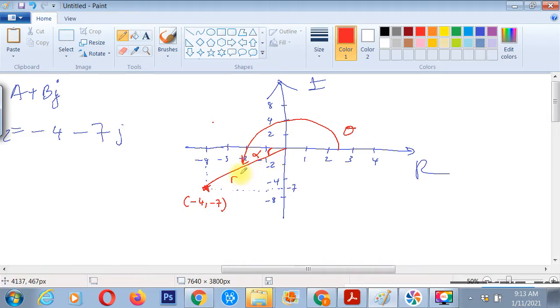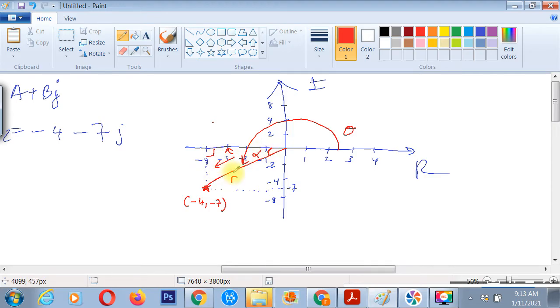So we can find alpha by using tan, opposite over adjacent.